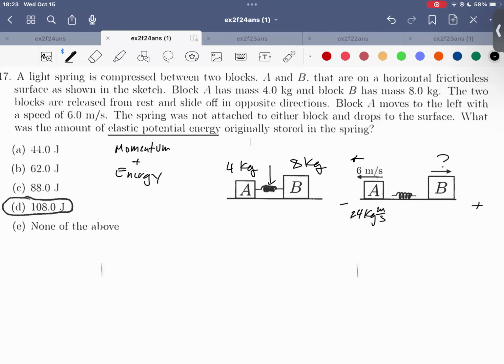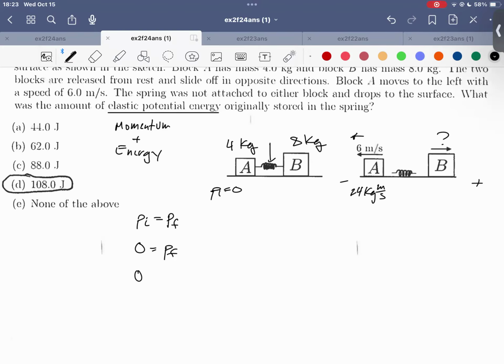We're not told what this velocity is over here, right? But based on conservation of momentum, this initial momentum is equal to 0. And so our momentum final has to also equal 0. So momentum initial equals momentum final. 0 equals momentum final. And so then we can say 0 is equal to negative 24 kg meters per second plus whatever this question mark is.